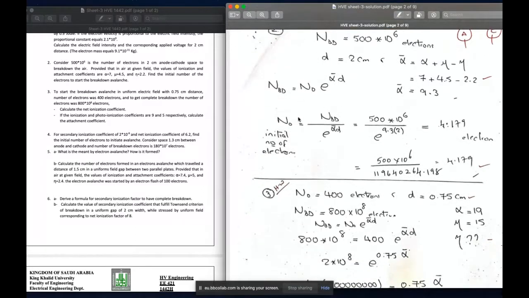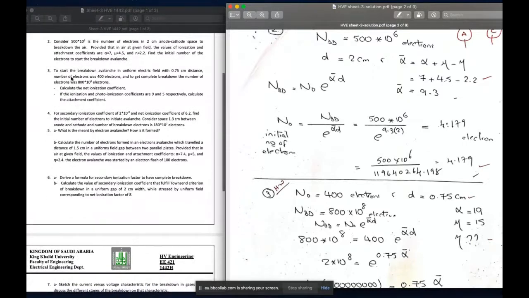Now, if I want to calculate the initial number of electrons, that will be the number of breakdown electrons divided by e power alpha bar d. So the number of breakdown electrons is 500 into 10 power 6, divided by e power alpha bar, which is 9.3, and the distance is 2. Here don't convert this 2 into meters, just take it as centimeters. So you will get 4.179 electrons.